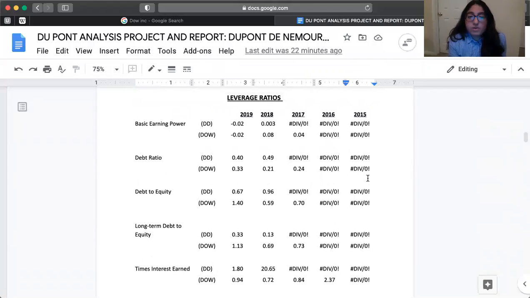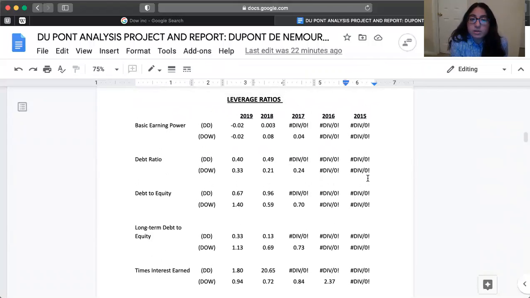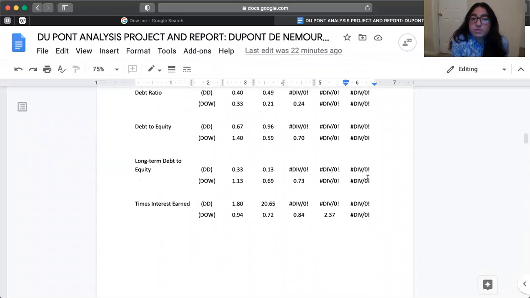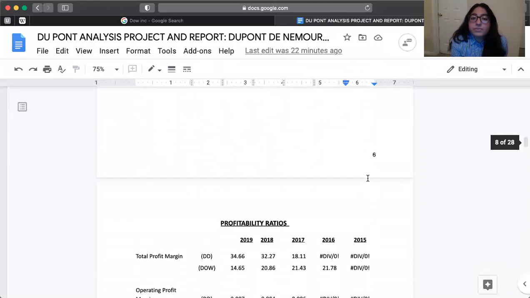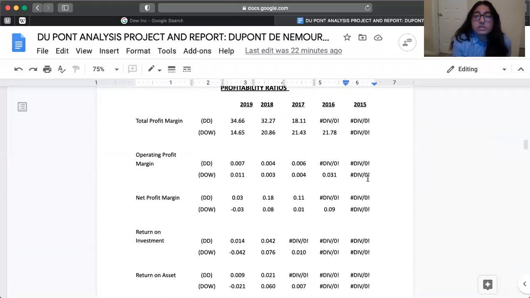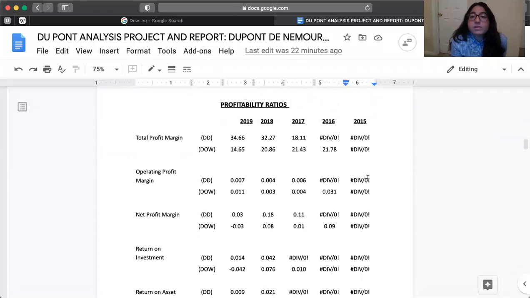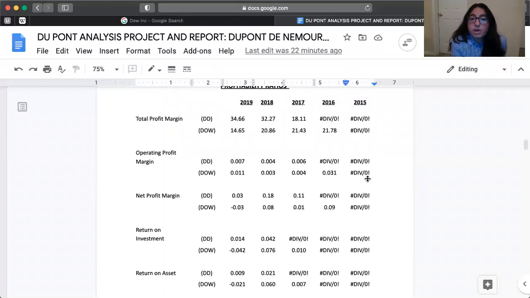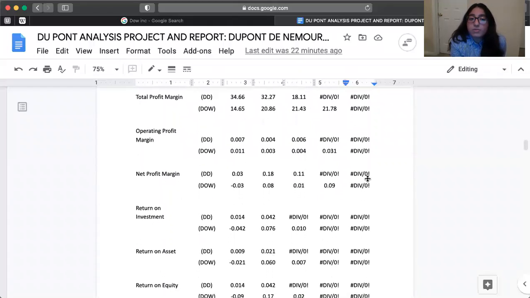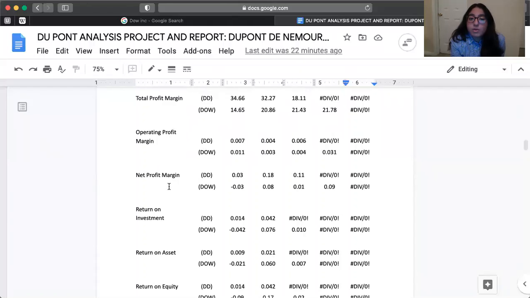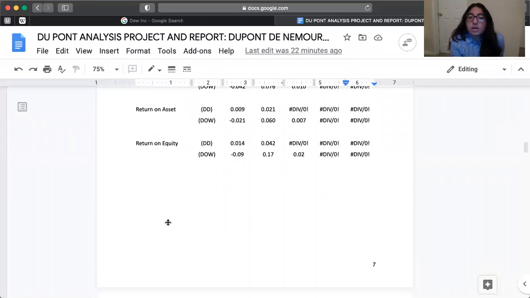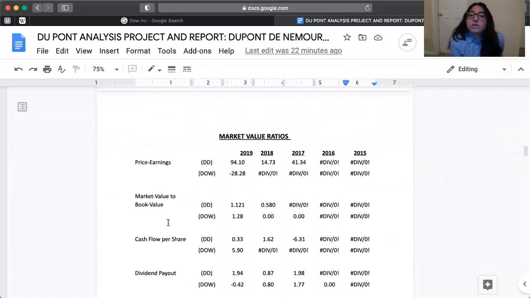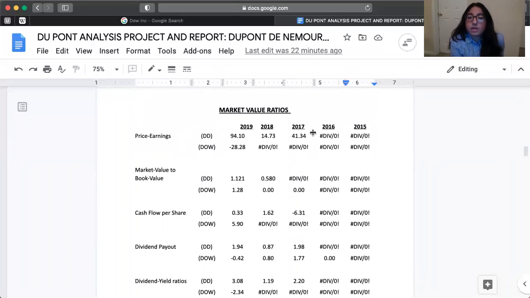Here are the leverage ratios. So we're looking at the basic earning power, debt ratio, debt to equity, long-term debt to equity, and also times interest earned from 2015 to 2019, as well as the profitability ratios: total profit margin, operating profit margin, net profit margin, return on investment, return on assets, return on equity, and also the market value ratios.